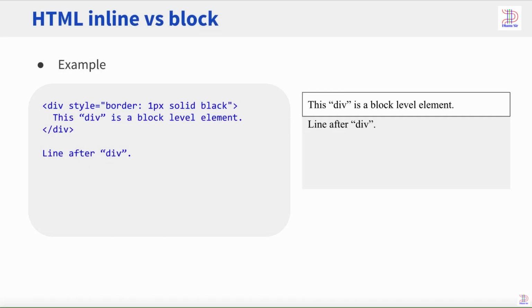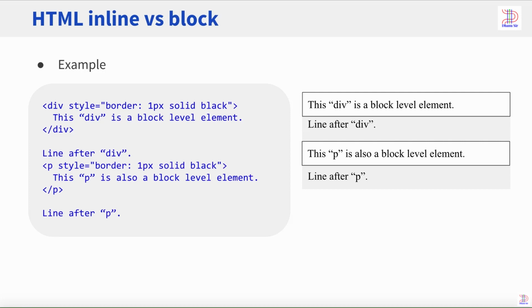Example, here you can see I have defined a div element with style attribute border 1 pixel solid black. You can see the div is taking the whole width. Next I have defined the p tag, which is also a block level element, and you can see on the right side the p element is also taking the whole width. However, there is a margin before and after the p element.